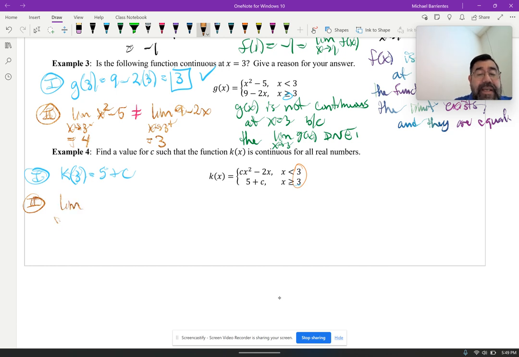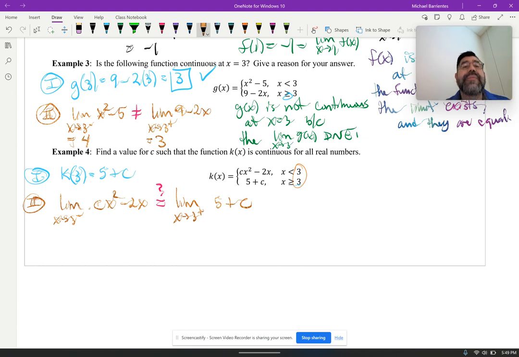Does the limit as x approaches 3 from the left, which is going to require me to use this, does it equal, I'm going to put a question mark on top, we're not saying that it is equal, but does it equal the limit as x approaches 3 from the right, which would require us to use that part.